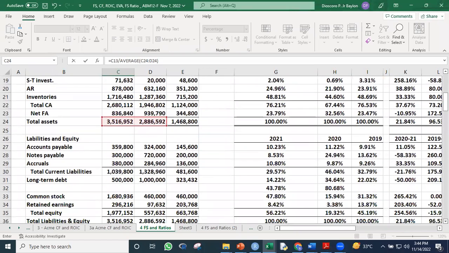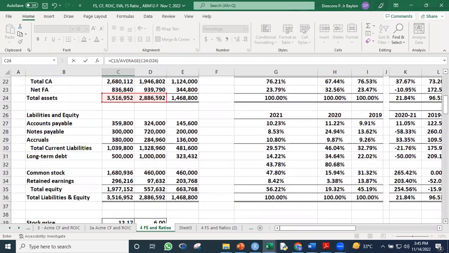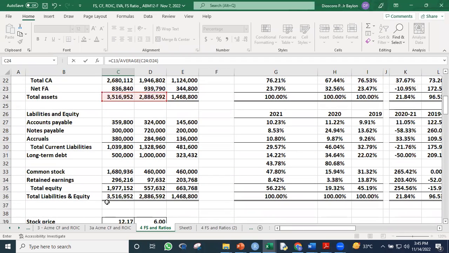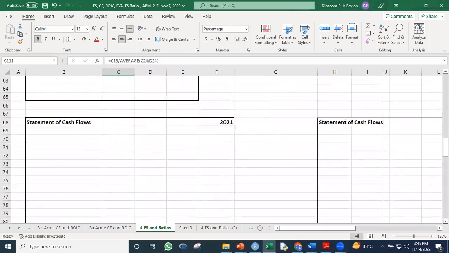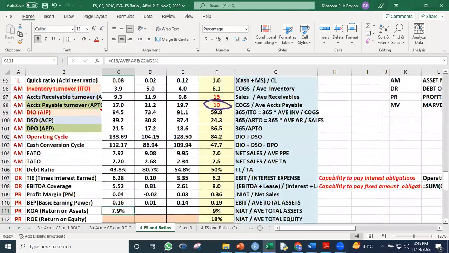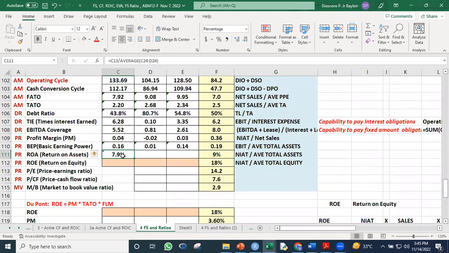Okay, let me just see yung total equity natin. Row 36. Okay, gawin natin decimal place.